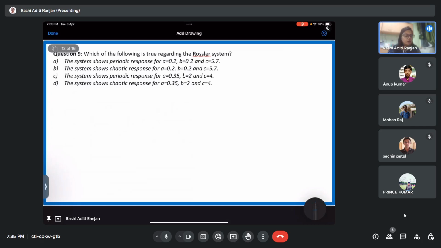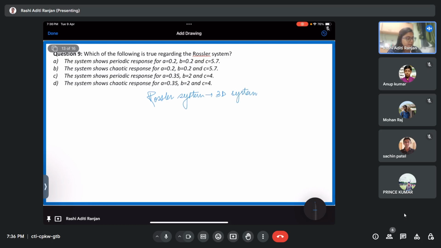Okay. So Rossler system. See, I told you that in case of nonlinear dynamics, we take some ideal systems, some systems which are used as an example in order to study how nonlinear dynamics behaves. So first comes the Rossler system, and my Rossler system is actually a three-dimensional system.